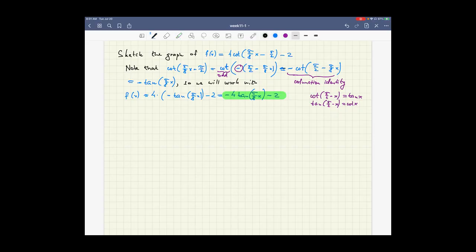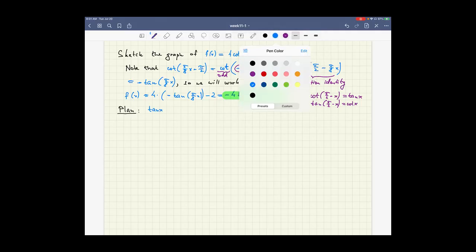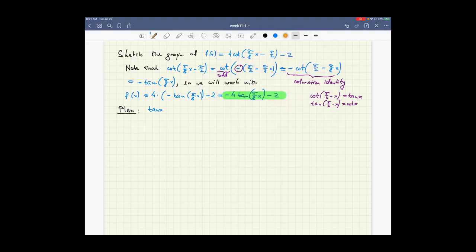And our plan, as usual, will be a sequence of transformations. We'll start with the graph of tangent x. Then we will perform a horizontal compression, a horizontal stretch perhaps, by a certain factor.